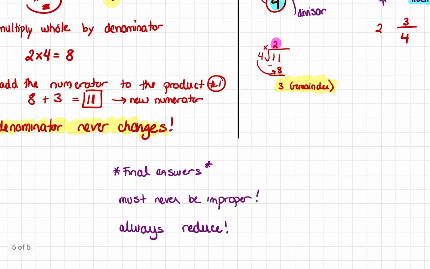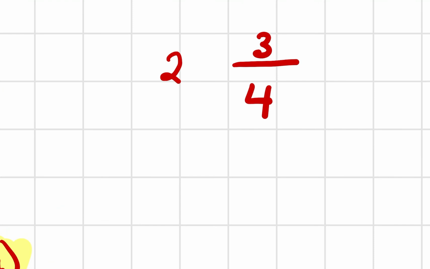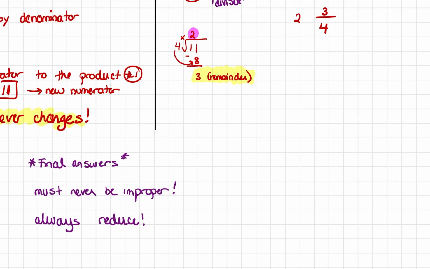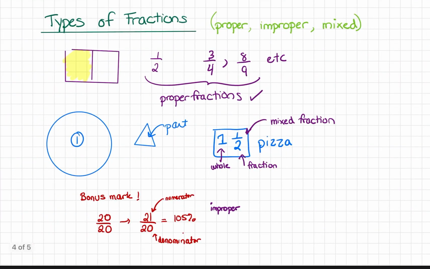In this case, our 3/4 is already reduced, but if you want an example, you could technically be given something like 3 6/12. If you want to reduce that, it's just 3 1/2, right? So don't forget that you can always reduce fractions. And that is your intro to proper fractions, improper fractions, and mixed fractions.